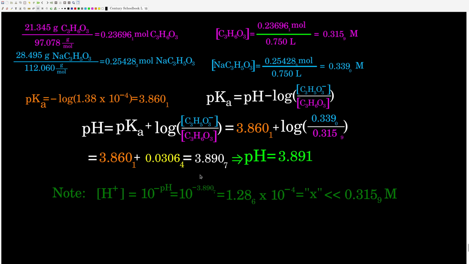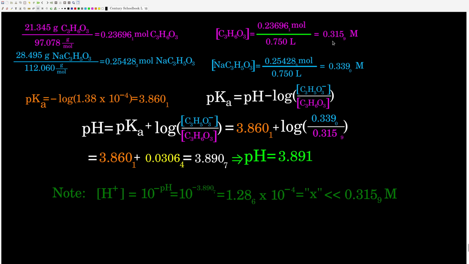So the last thing here, guys, is how do we know that we could use the Henderson-Hasselbalch equation? Well, we know it's a buffer solution, so that's the first criterion, but was x a lot less than the initial concentrations? Well, x in this kind of calculation is the hydrogen ion concentration. So we know the pH, so we can get the hydrogen ion concentration by taking 10 to the minus pH, which gave us 1.29 times 10 to the minus 4.